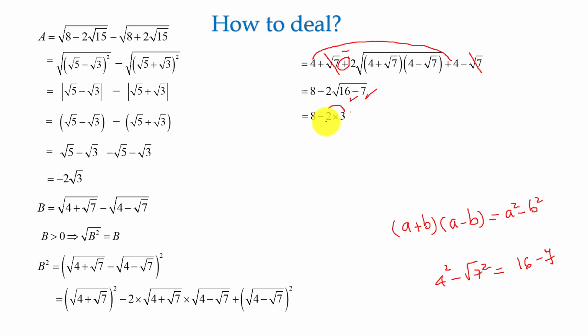So 8 minus 6 is equal to 2. So B squared is equal to 2, and then we get B equals square root 2.